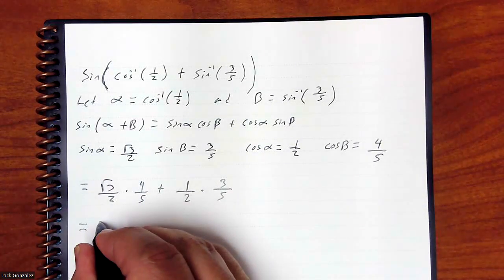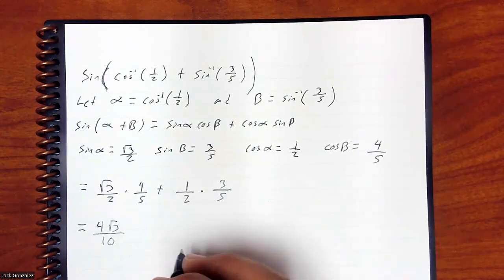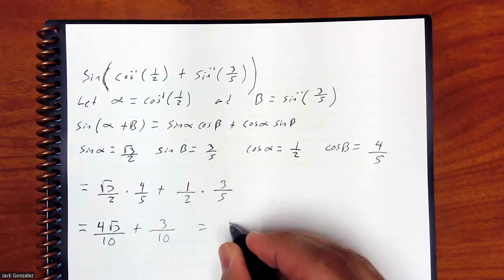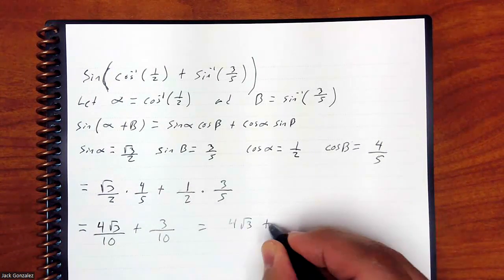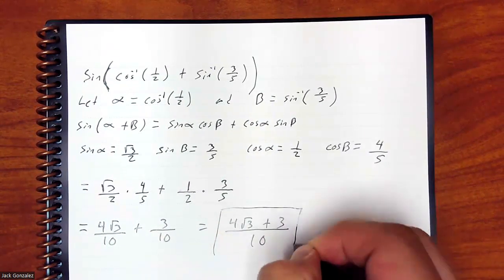So that'll give us 4 square root 3 over 10 plus 3 over 10, which will become 4 root 3 plus 3 over 10. So this is what they want.